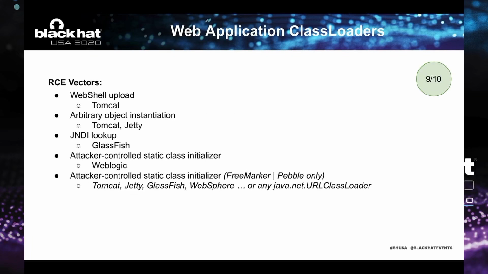And unfortunately we don't have time to cover them today because they are sometimes complex and we don't have time in this 40 minute presentation, but they range from being able to upload a web shell, to instantiate arbitrary objects, to perform JNDI injection attacks, or to initialize attacker-controlled classes, leading to the execution of the static initializer of that class.